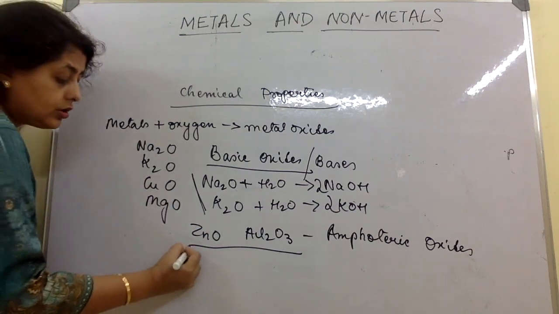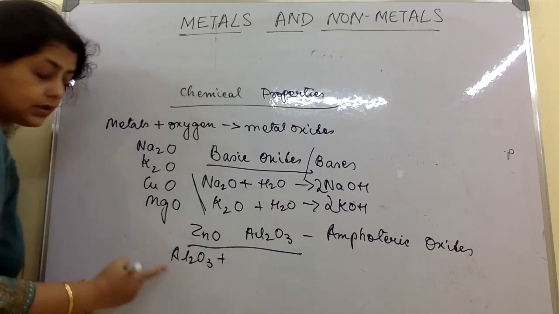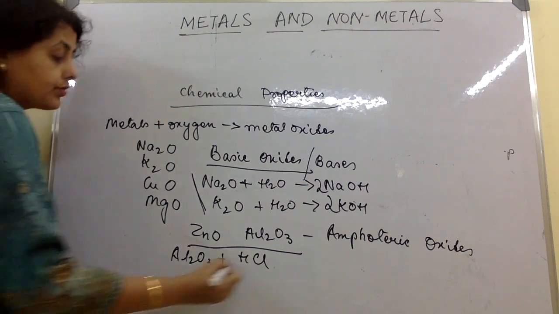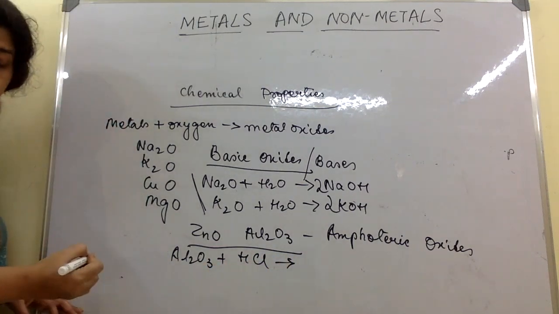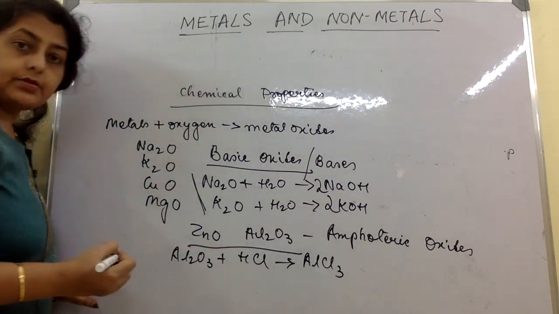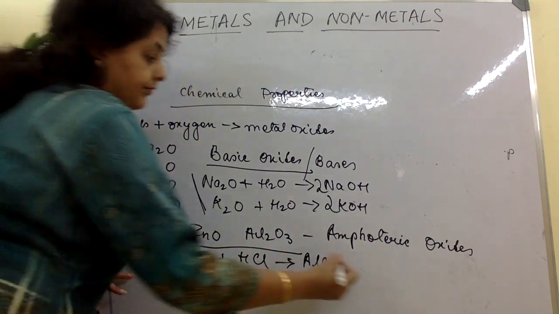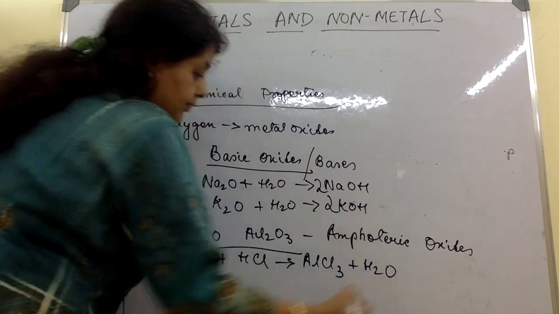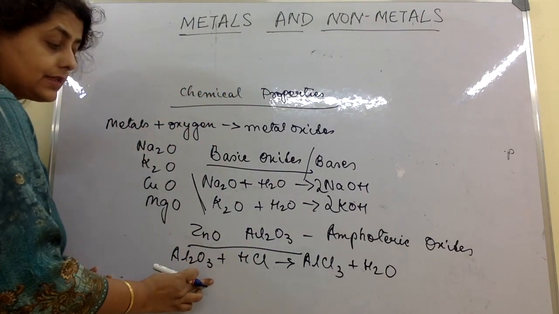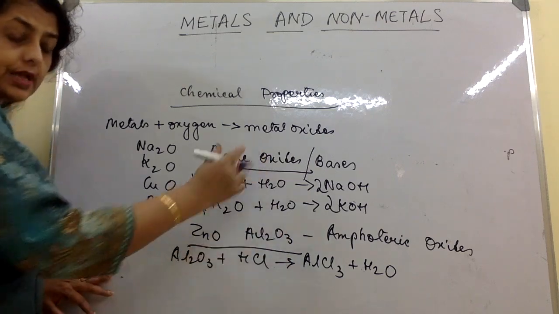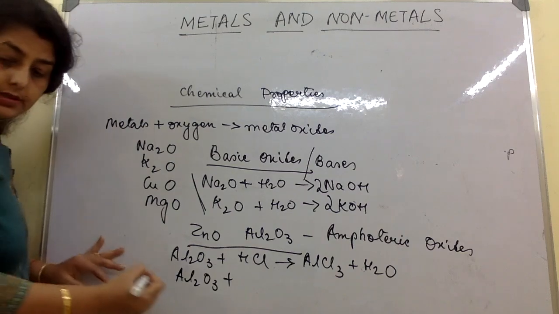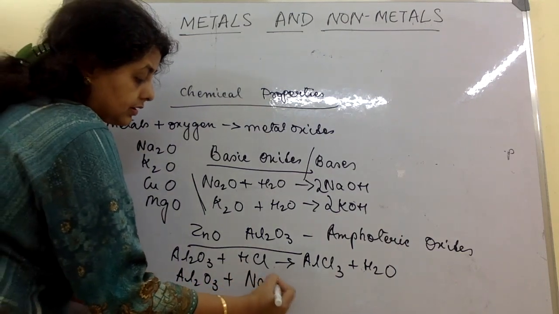Now Al2O3 being amphoteric, see, it is behaving like a base when it reacts with an acid to give AlCl3 plus H2O. So here it behaved as a base in a neutralization reaction. Now you'll see what happens when it reacts with an alkali.